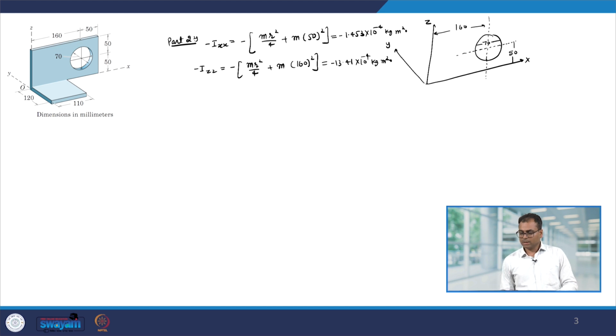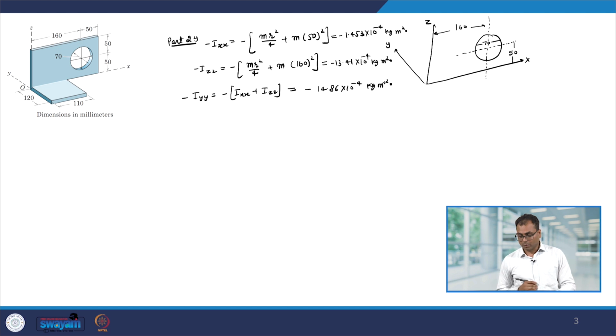Now, since this plate lies in the xz plane, the moment of inertia about the y axis will be the sum of the moment of inertia about the x and the z axis. So, let me just write down, that will be minus Ixx plus Izz, and that is equal to minus 14.86 into 10 to the power minus 4 kg meter square.